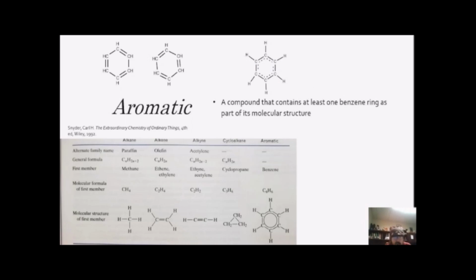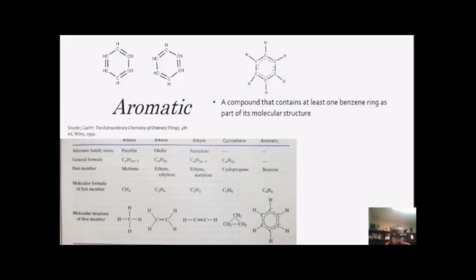Many plants that have aromatics have a very pleasant odor, which is why it gets the name aromatic. But we've taken aromatic to mean a compound that contains at least one benzene ring as part of its molecular structure. Now, benzene is not the only aromatic, but it is the most common, and so we'll treat it as that for now.